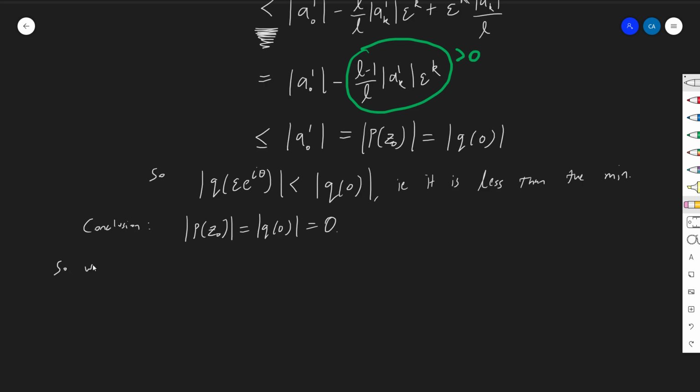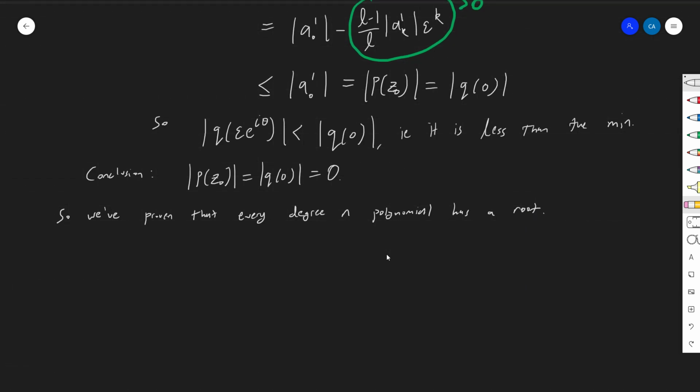We've proven that every degree n polynomial has a root. It has a thing I can plug in to get 0. We still need to do the whole factoring thing, but that's really easy. It just kind of relies on induction. It's kind of a trivial induction.